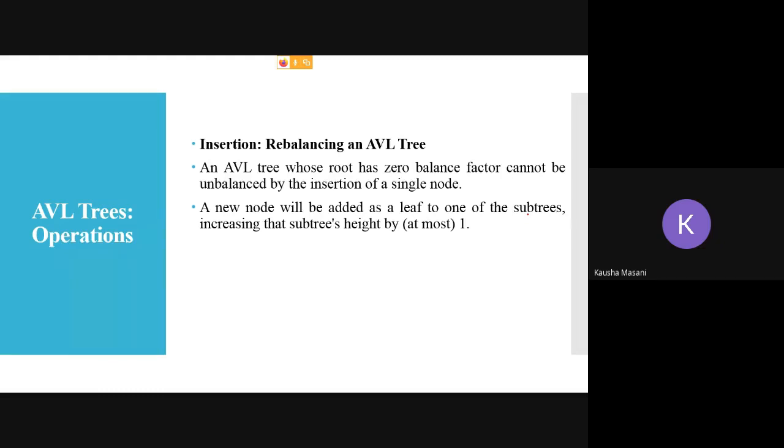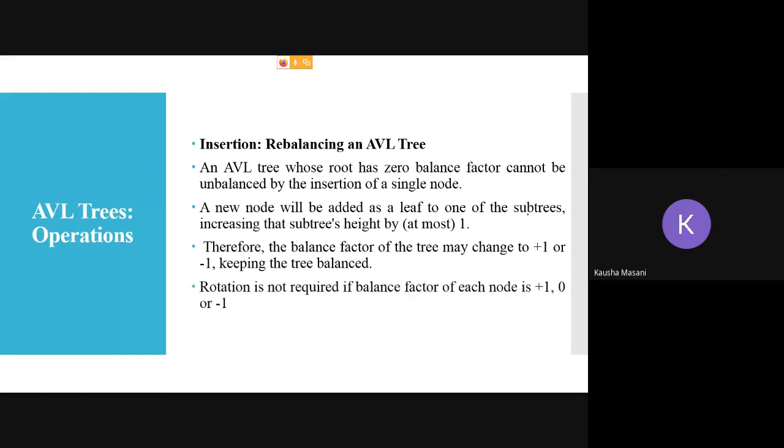So if you increase the level, your height increases. Thus you check the balance factor at all the given nodes, and it will change to either +1 or -1 so that the tree is balanced. Again, rotation is not required if your balance factor is within the range.